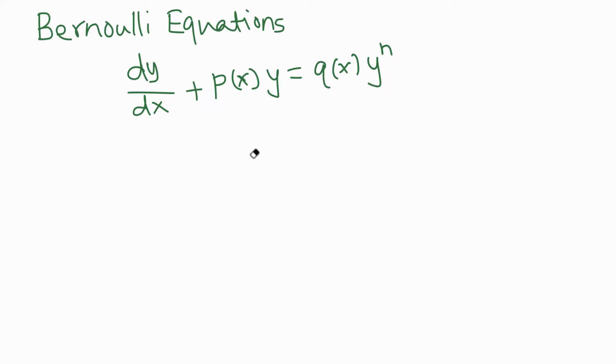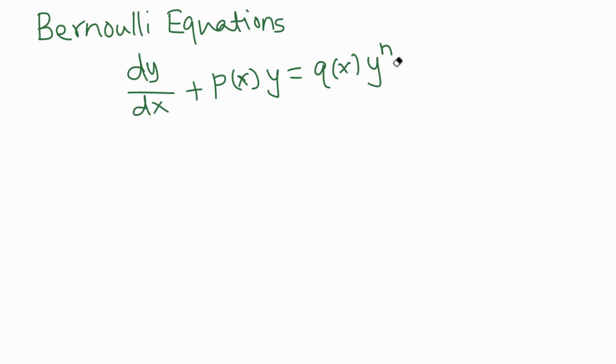Bernoulli equations. A first order ordinary differential equation in this form, dy/dx + p(x)y = q(x)y^n, where y prime is a function of the independent variable x, is called a Bernoulli equation.